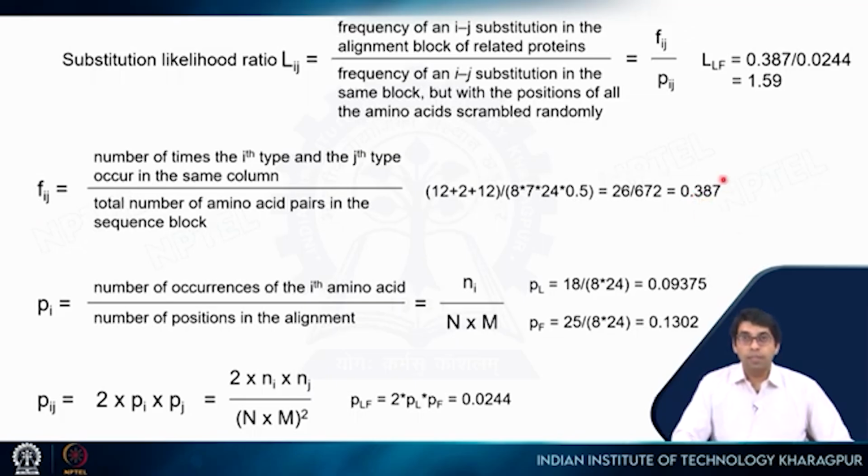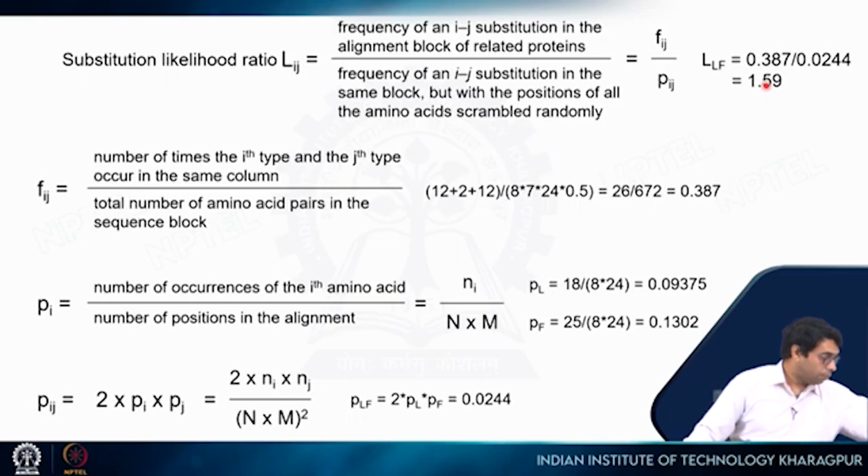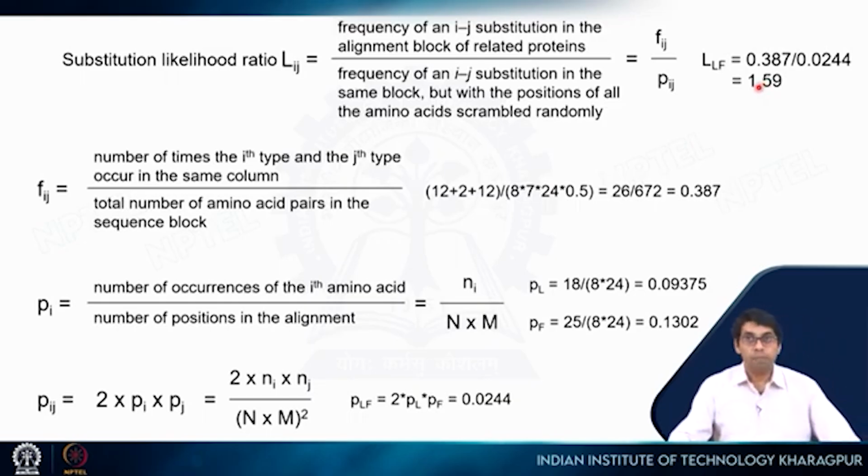Okay. So, this is the frequency which is the numerator, and this is the frequency which is the denominator. So, if you take the ratio of these two, you get this LF, which is 1.59, which is greater than 1. And if we take the log to the base 2 of this, multiplied by 2, then we will get S.